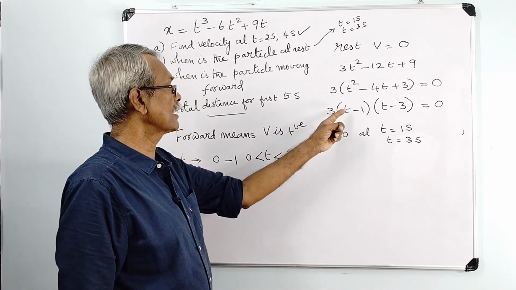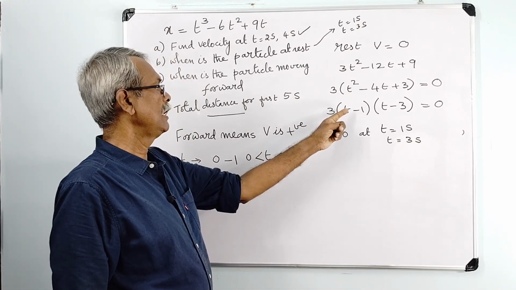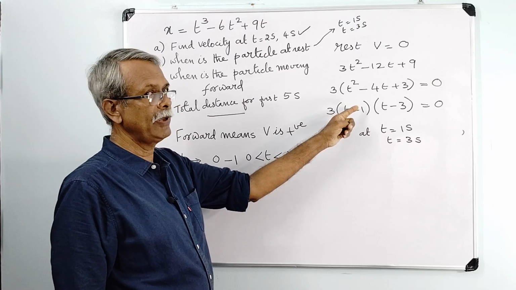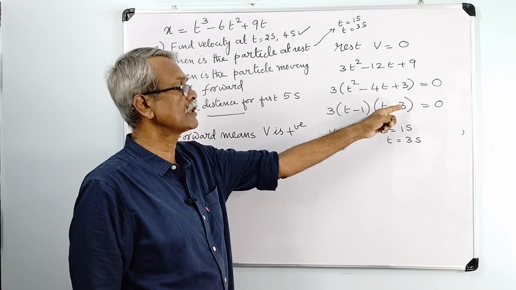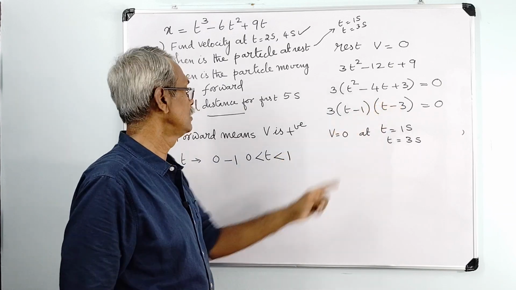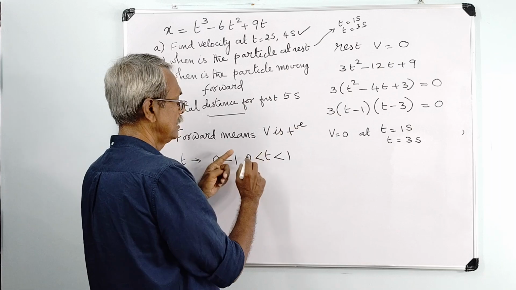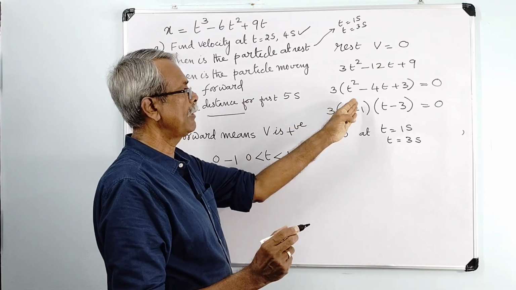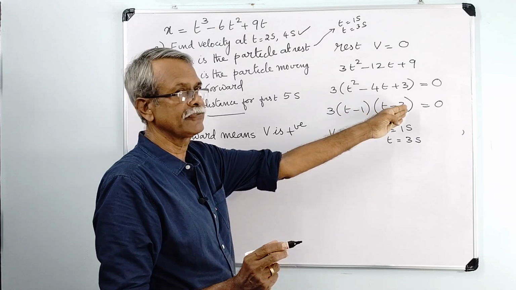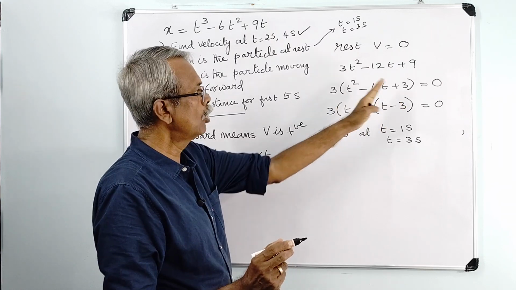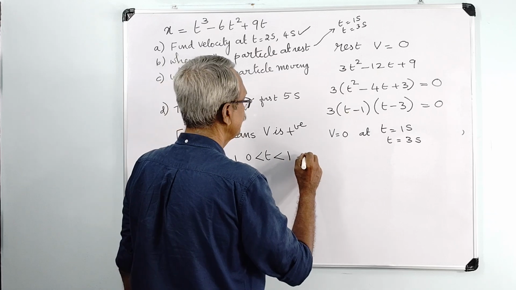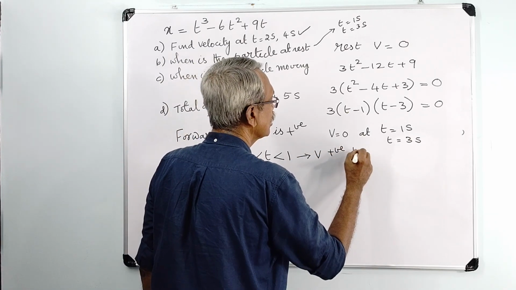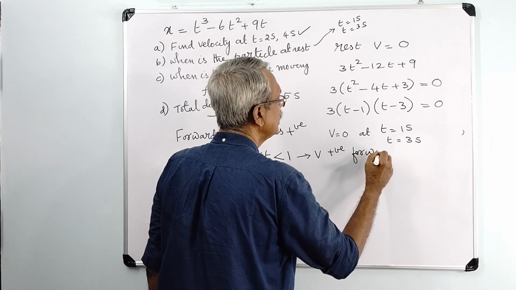When t is greater than 0 and less than 1, we know that t minus 1 will be negative, t minus 3 will also be negative. Say t is 0.5. 0.5 minus 1 is negative, 0.5 minus 3 is negative. Both are negative. Therefore, v is positive, or it moves in the forward direction.